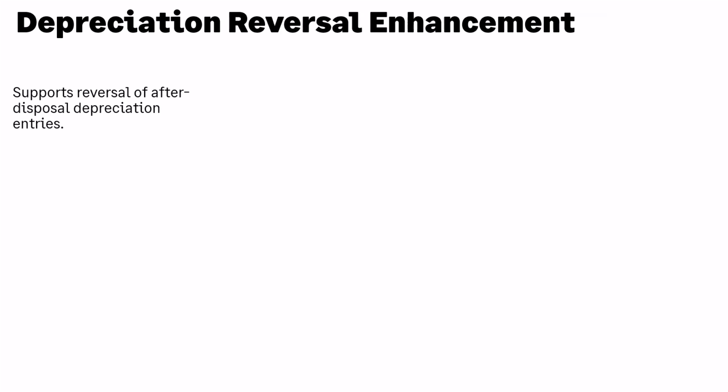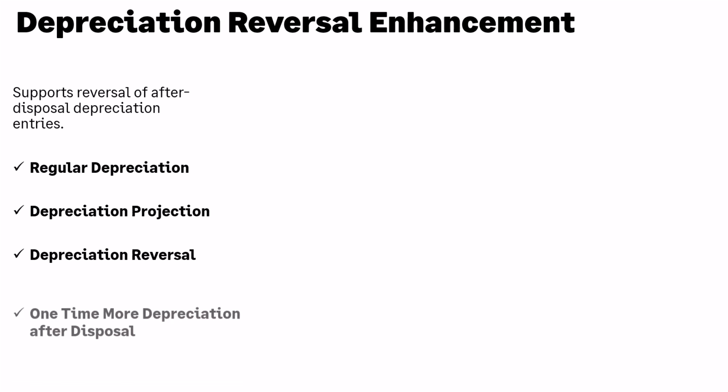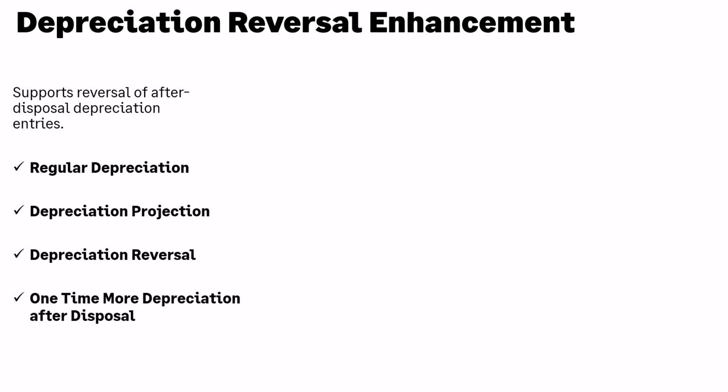Norming provides powerful depreciation capability, from regular depreciation, projection, to depreciation reversal. Based on financial principles in some countries, companies are required to run one more time depreciation for disposed assets.